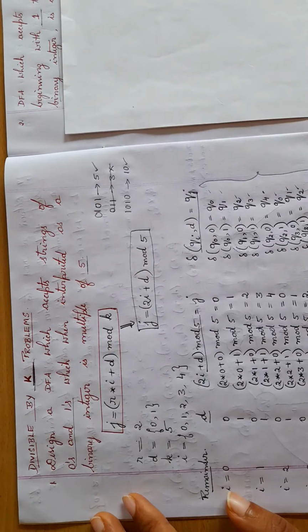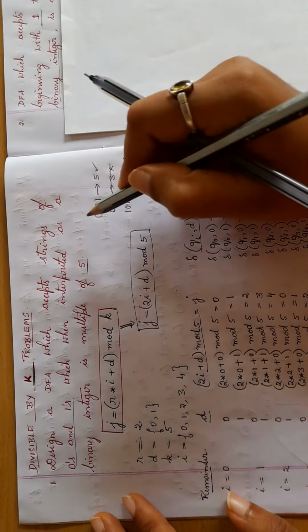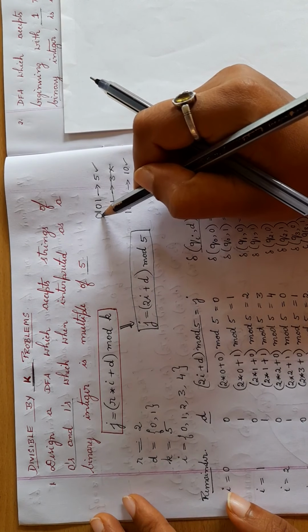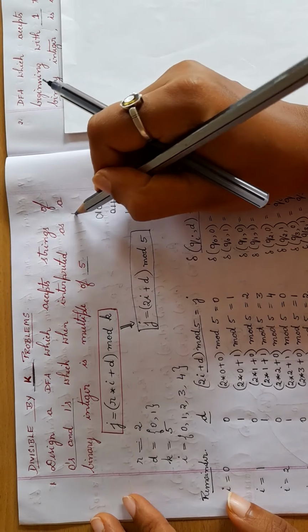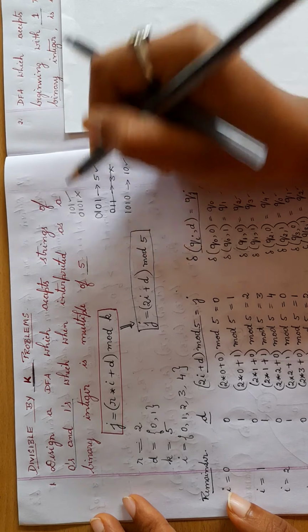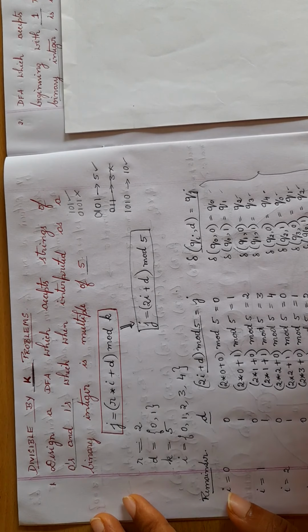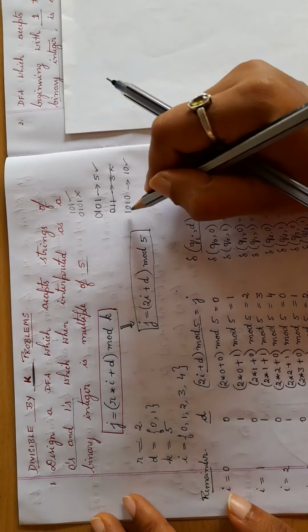But in the next question, it should start with 1. Does 0101 start with 1? No, right? So 101 should be valid, but 0101 should be invalid. Similarly, 1010 is 10, so it is valid.